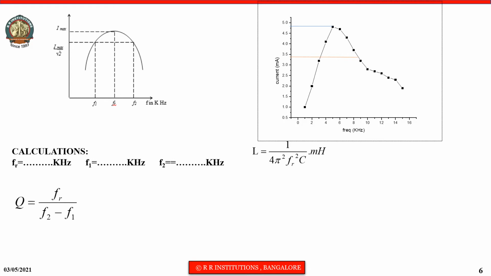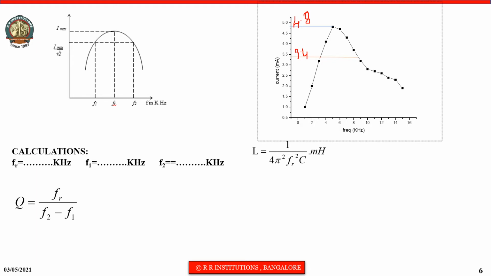The maximum current, I maximum, is 4.8, and I maximum by root 2 is 3.4. At 3.4 you draw a line parallel to the frequency axis; where it cuts the curve at the first position is f1, and at the second position is f2.